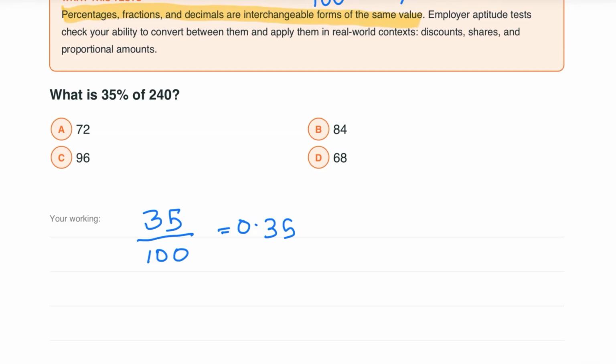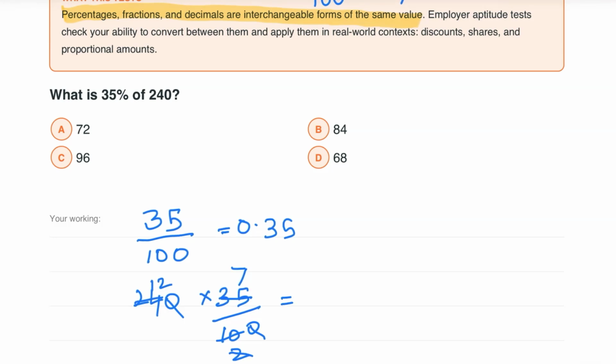To get the answer, we can do 240 multiplied by 35 divided by 100. We can cancel off the zeros here. This is basic solving between division and multiplication. Divide by 5, you get 2 here, and you get 7 here, 12 here.